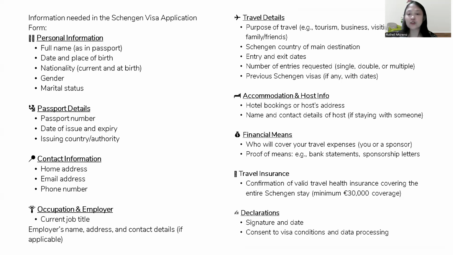Next is your travel insurance. There should be confirmation of valid travel insurance covering the entire Schengen stay with a minimum coverage of 30,000 euros. And for the declarations, you have to sign and write the date when you sign this application form. And it will give consent to visa conditions and data processing.